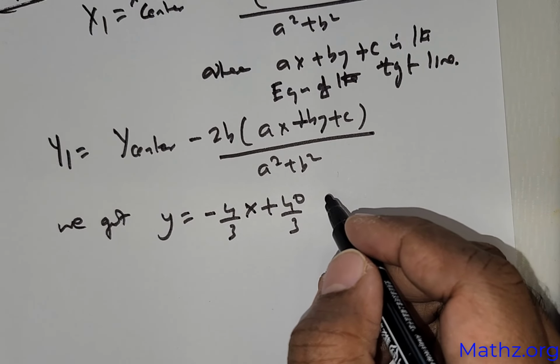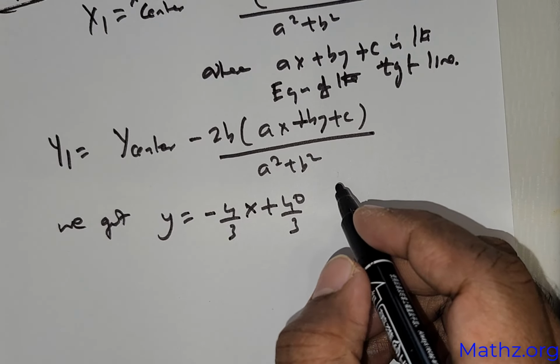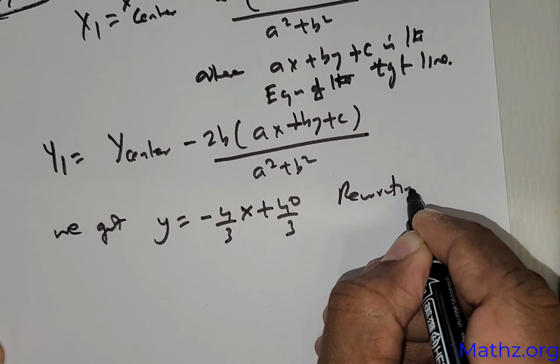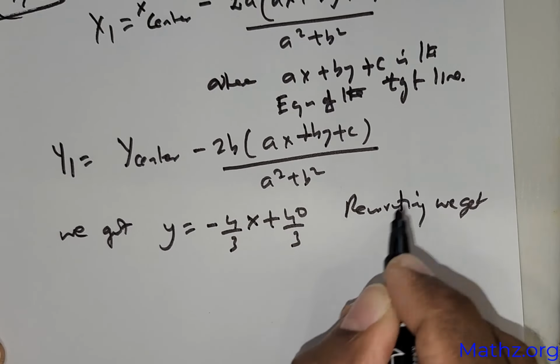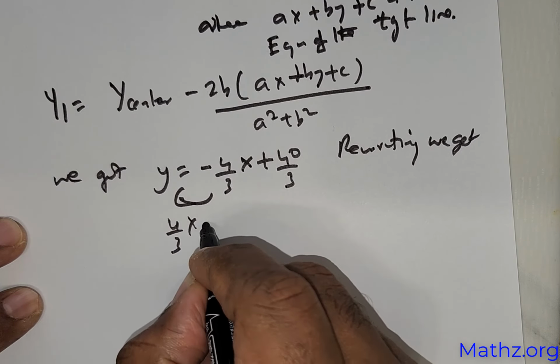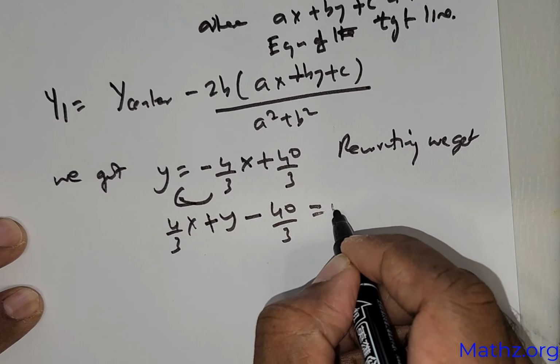Now we need to rewrite this. Bringing everything to the left side, this is going to be 4/3 x + y - 40/3 = 0.